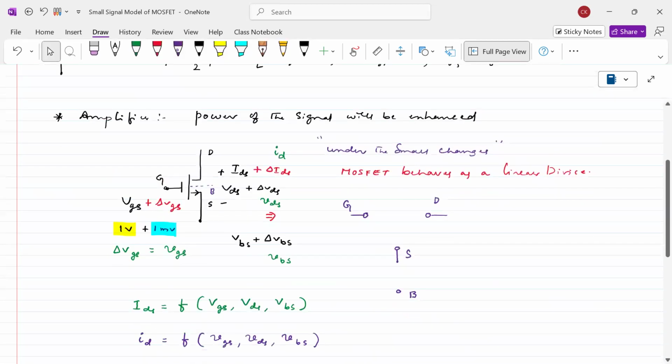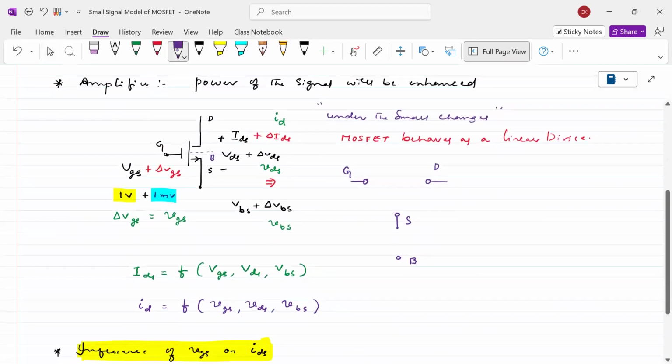That means, first of all, you write VGS, you'll get some IDS. With larger values of VGS, we'll get a large value of the IDS. And by applying the small VGS, you will get the small ID. So adding the small ID and the big IDS both together, it will be the result.